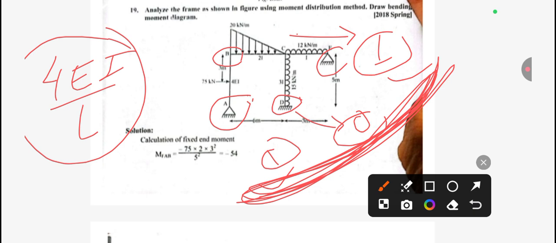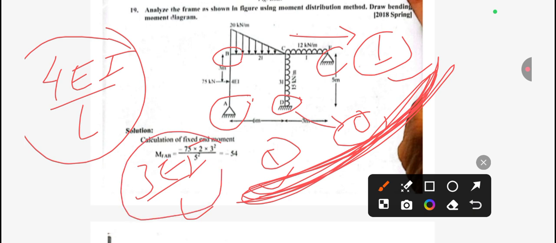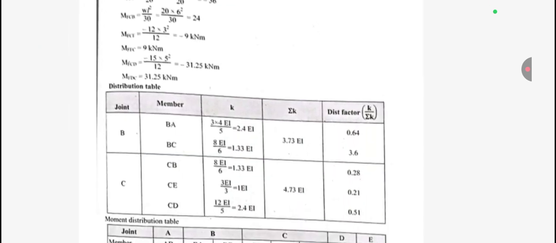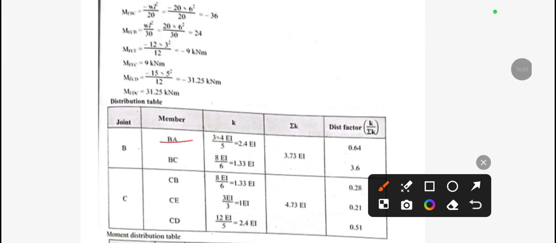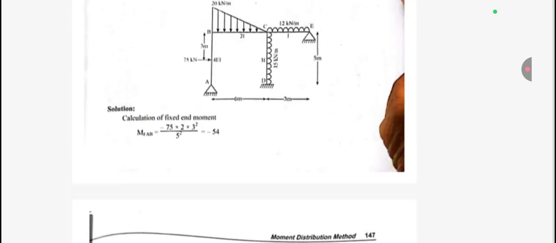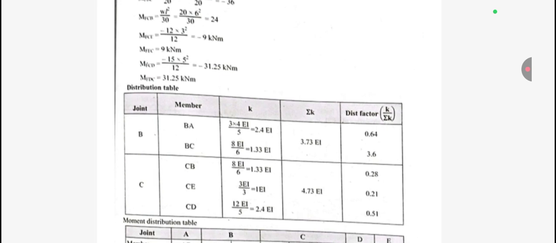But from A to B, we have a hinge support, so we need to apply 3 EI by L. Only this thing, keep in mind. So basically B to A is the hinge support, so we need to apply 3 EI by L as I said. And for B to C, you can see here, B to C is intermediate, so we have to apply 4 EI by L.